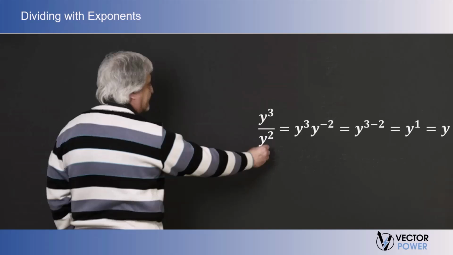Or, since we know that a negative exponent means divide, we could have done it like this. Y cubed divided by y squared would equal y cubed times y to the minus 2, which would equal y to the 3 minus 2, which would equal y to the 1, which would equal y.